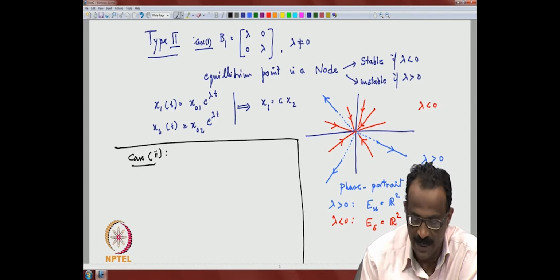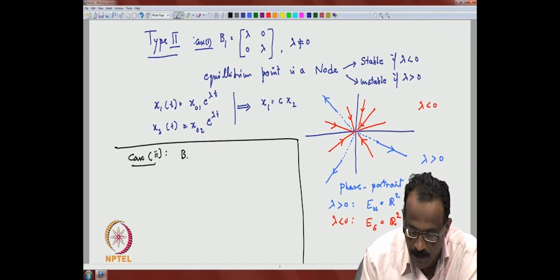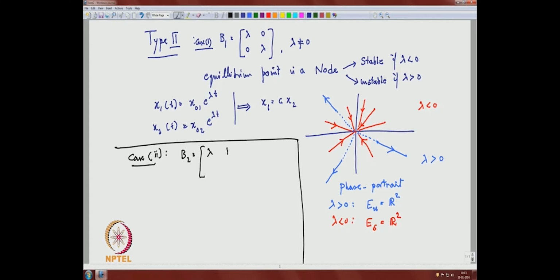So, for this case the B2 is of this form: lambda, 1, 0, lambda. So, the corresponding system is x1 dot is equal to lambda x1 plus x2, and x2 dot is equal to lambda x2.